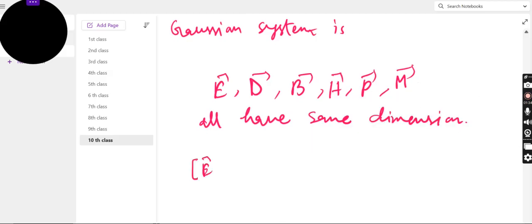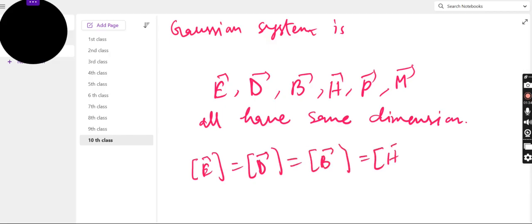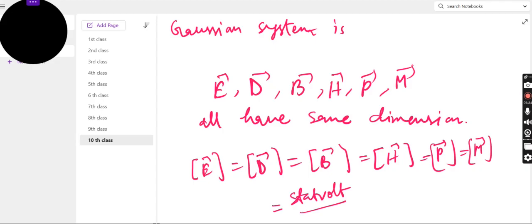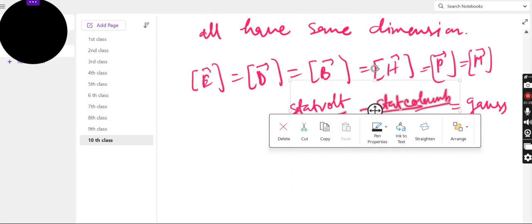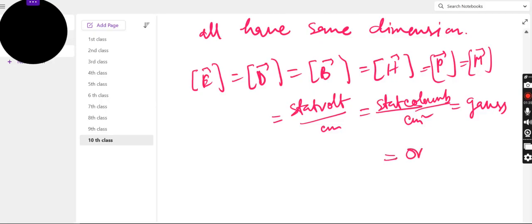The unit is stat volt per centimeter, or you can write it as stat coulomb per centimeter square, or as erg per centimeter cube.